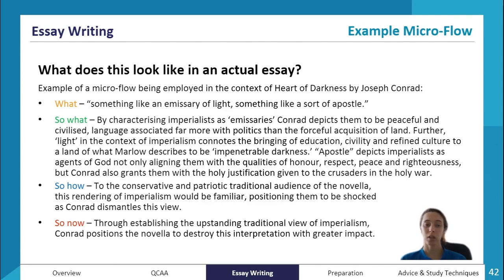So how? So we've got the conservative and patriotic traditional audience of the novella, this rendering of imperialism would be familiar, positioning them to be shocked as Conrad dismantles this view. So you can see again here how it's about the context of the time.